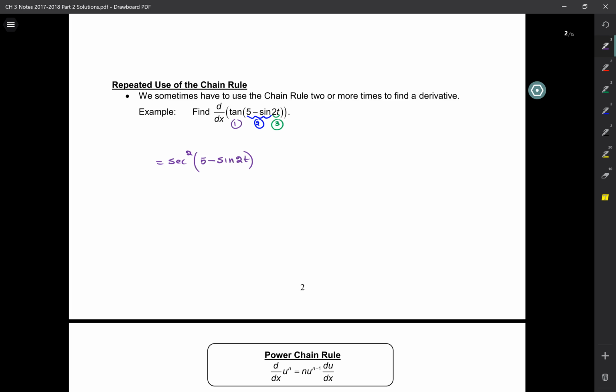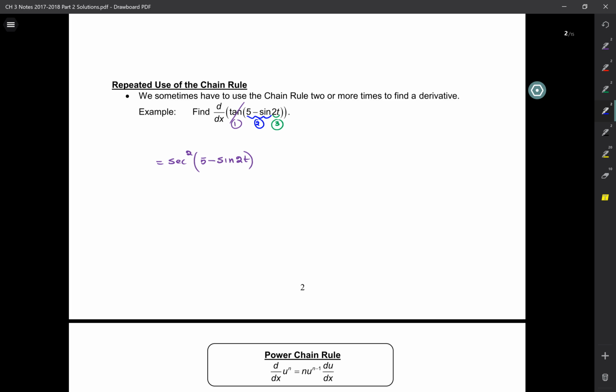And then for the next one, we find the derivative. We leave secant squared of this, or do we find the derivative of secant? No, secant squared as it is, because that's already a derivative. Right, okay. So basically, here's what I like to do. I did the tangent, I'm done with the tangent. Now it's going to be times the derivative of the second function, which is 5 minus sine.